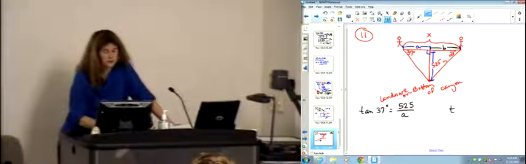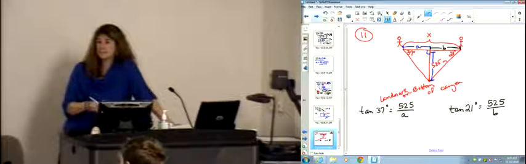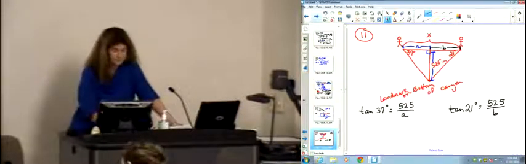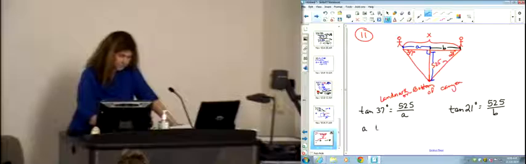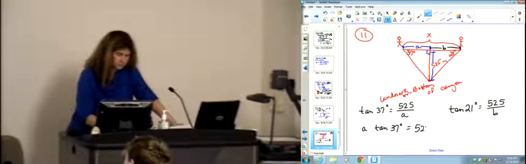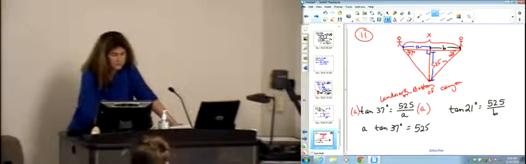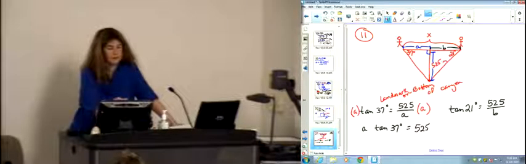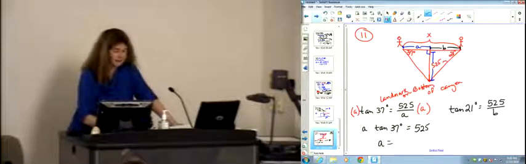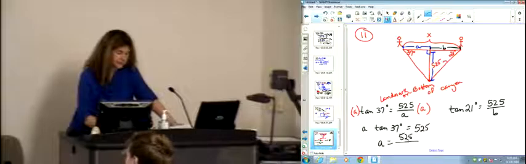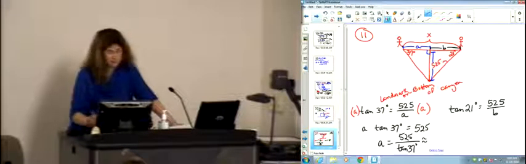Over on the other one we could use the tangent of 21 degrees, the opposite side for that triangle over the adjacent side, to get side B. So A times the tangent of 37 degrees equals 525, because we're multiplying both sides by A. That gives us A equals 525 divided by the tangent of 37 degrees.